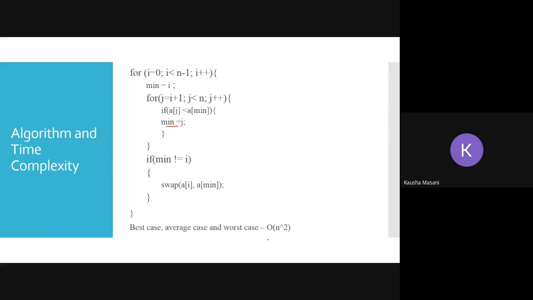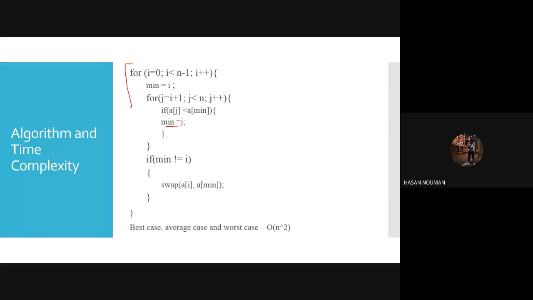But how n square? A simple observation if anyone has made. Anyone observed something in this particular algorithm? Okay, no one has observed anything.